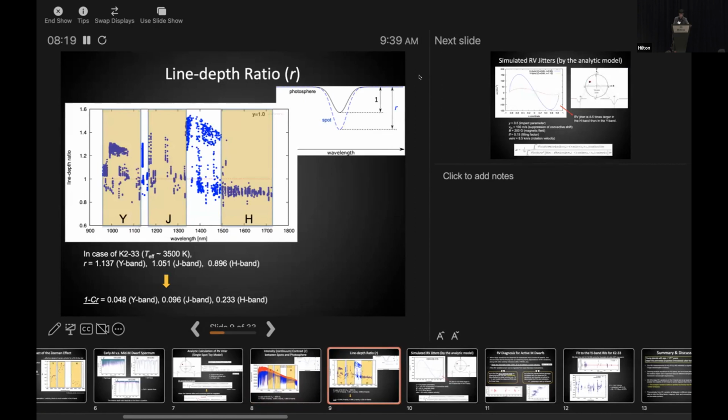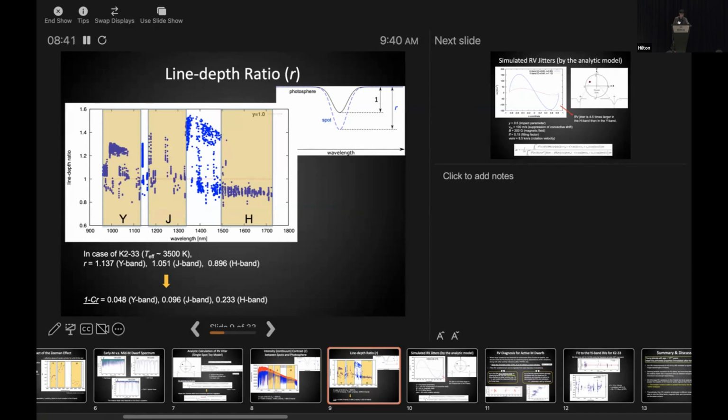The line depth ratio R is defined as in this figure. If the spot has a deeper line profile, then R should be higher than 1. But if the spot is shallower than the other photosphere, the absorption line, then R should be less than 1.